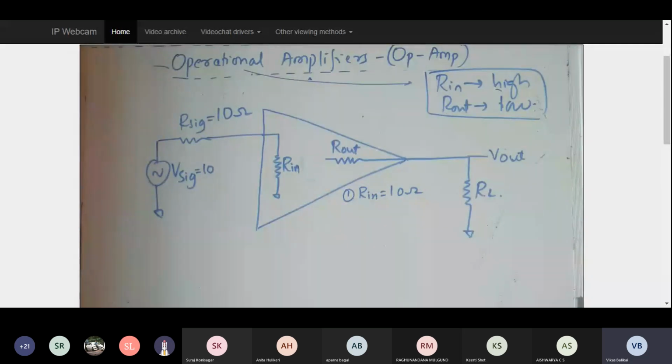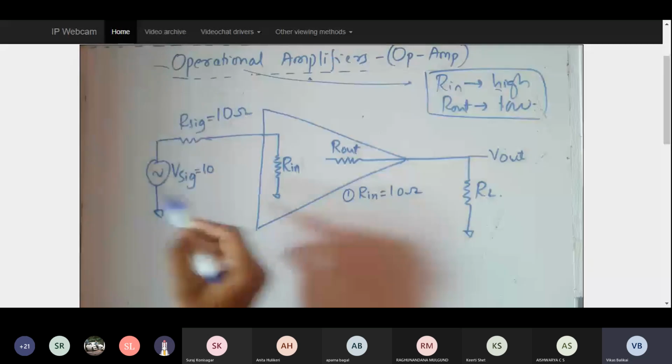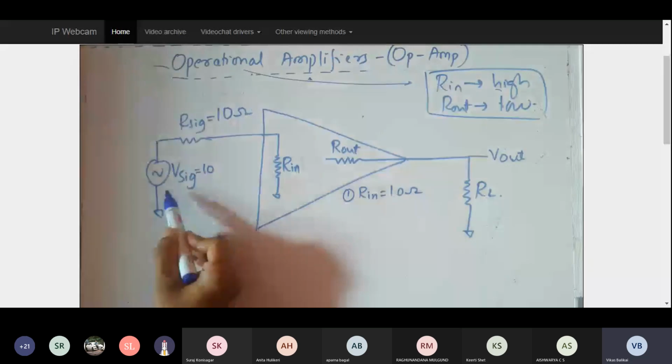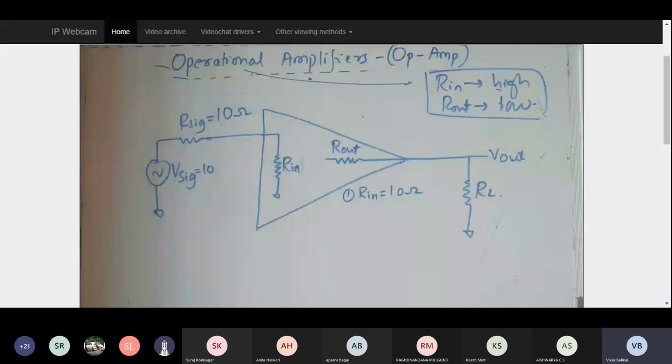ಈಗ ನಂಗೆ ಹೇಳ್ರಿ, when I give the input signal as 10 volt, ಈಗ ಹೇಳ್ರಿ, or else simple analogy. I am being given 10 rupees by my father and I am asked to go and give these 10 rupees to his friend. Right?